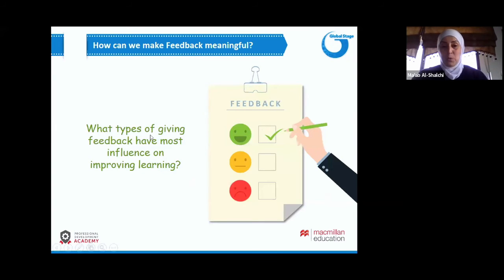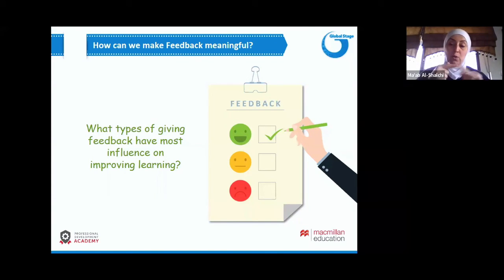And what types of giving feedback have most influence on improving learners? Feedback has characteristics. In order for it to be useful, it has to be goal related, so it has to be focused on an objective, and it has to be user friendly, meaningful, personalized, get them to work on it, and timely, given as soon as possible, so they relate it to what they have learned.